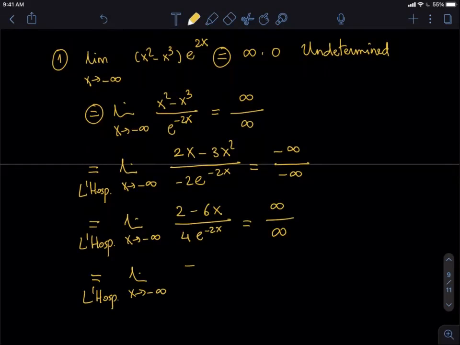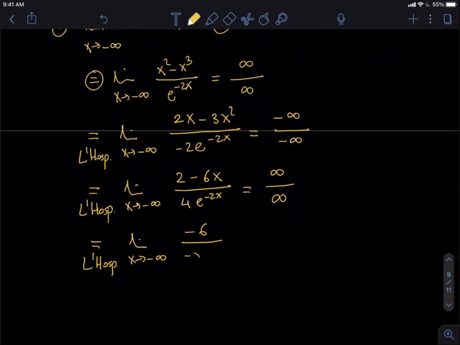One more derivative. The numerator gives negative 6, the denominator gives negative 8 exponential of negative 2x. And now when x tends to negative infinity, what is going to happen? The denominator is going to go to infinity.